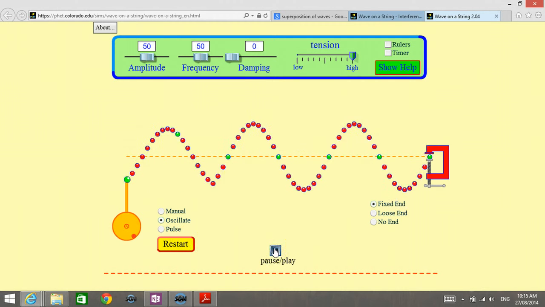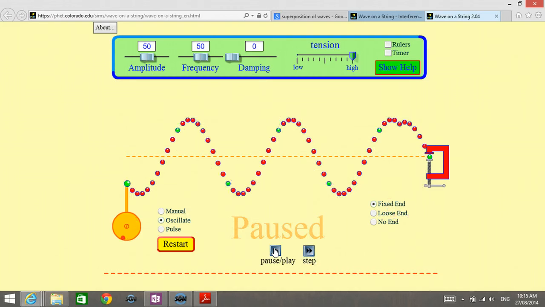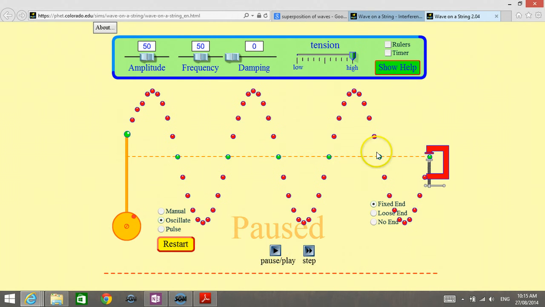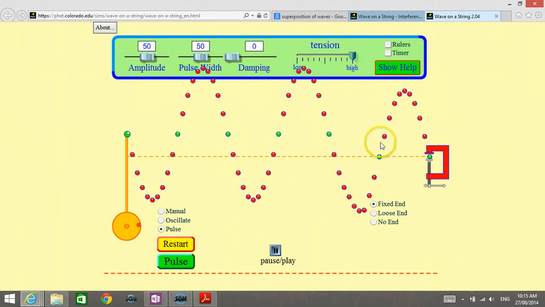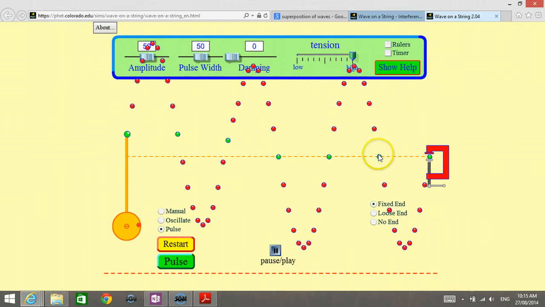Say if I give a wave like this. You see what's happening is the wave goes to an end, bounces back, and meets the wave from the other side. If you have a look, especially at those points there, they don't move much.